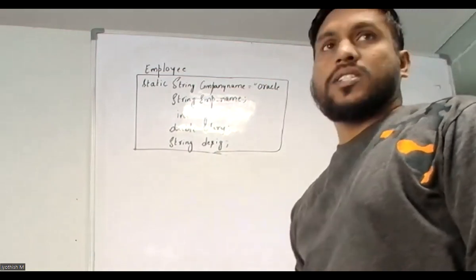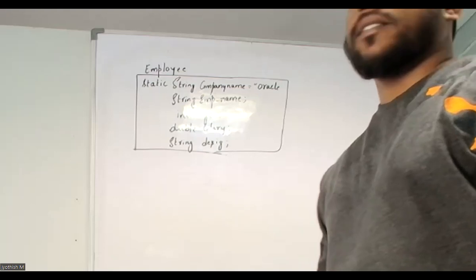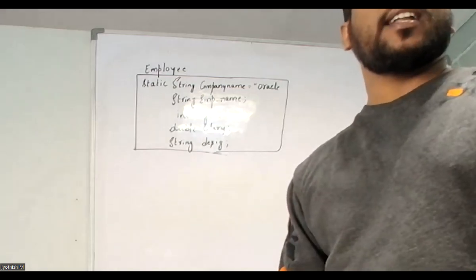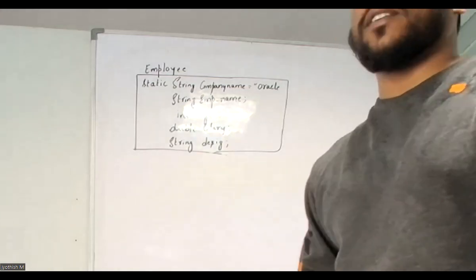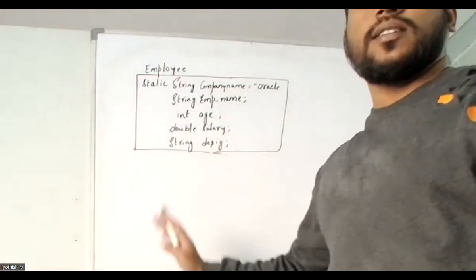So how many variables do we have? Three, two, five. Here one static variable and four non-static variables. Yes or no? One static variable and four non-static variables. Hope you can see them.